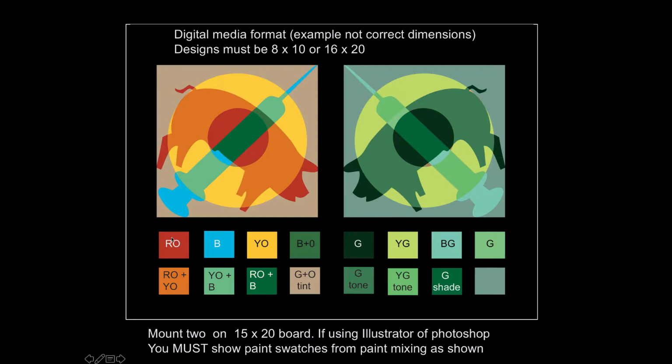So you can see that there's the red orange, there's the blue, there's the yellow, there's the blue plus yellow, and then there's my ground, which is the green plus orange tint, and then it's the same with this. So this is a digital model. We'll look at some painted models here in a minute. We're going to mount it on a 15 by 20 board, and you're going to mount them side by side.